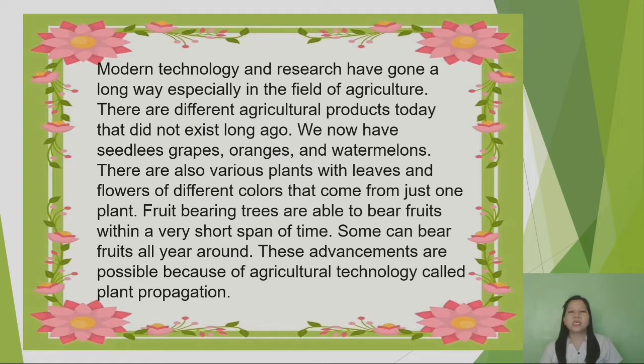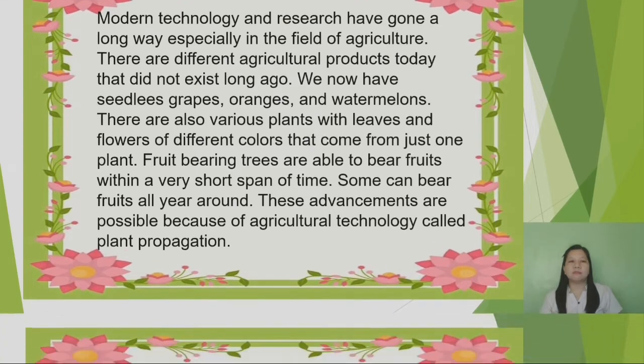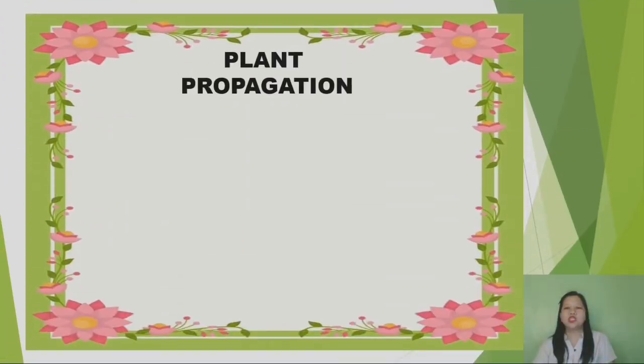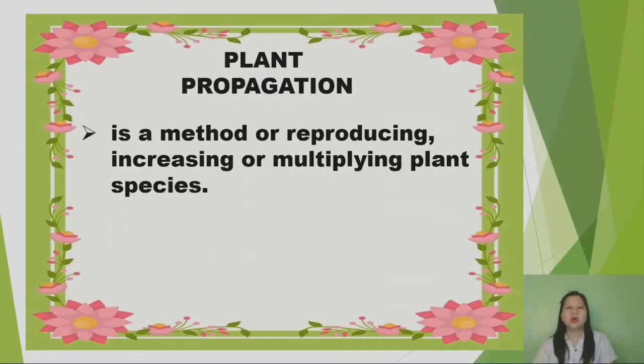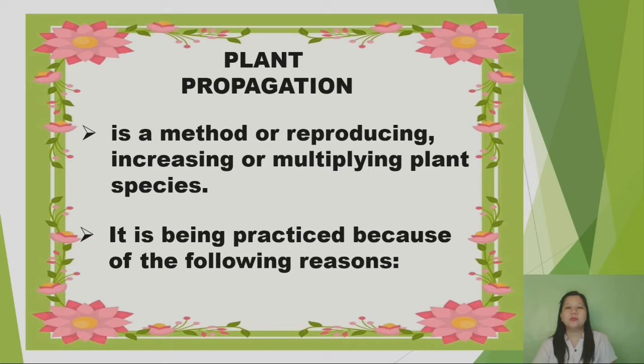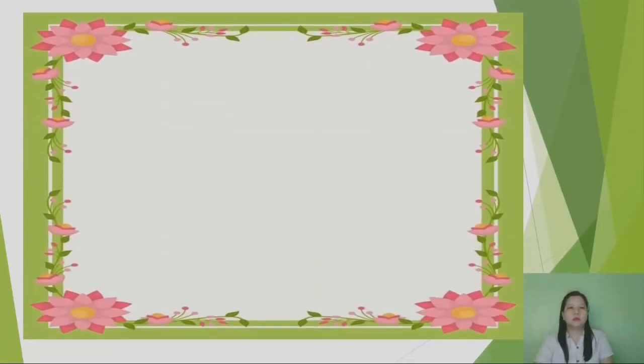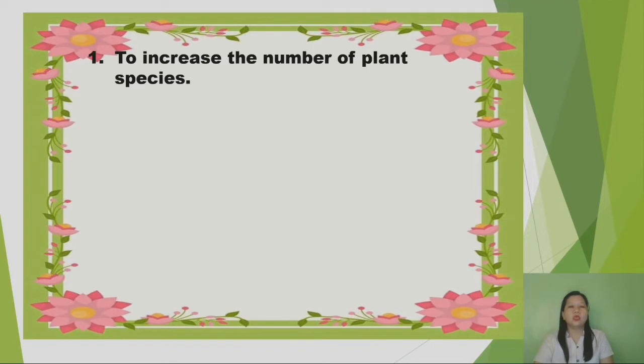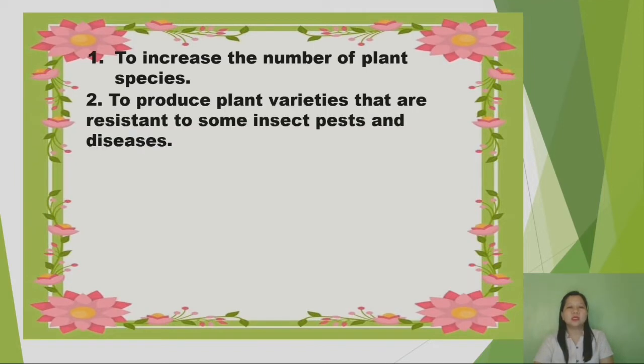What is plant propagation? Plant propagation is a method of reproducing, increasing, or multiplying plant species. It is being practiced because of the following reasons. 1. To increase the number of plant species. 2.